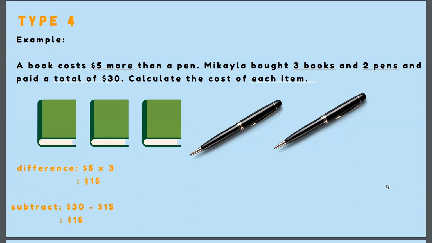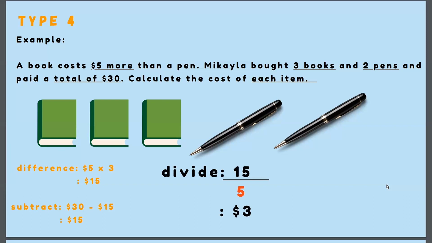Now, I had a number of students divide by 2 because there were 2 items mentioned, books and pens. No. We divide by the number of equal shares.